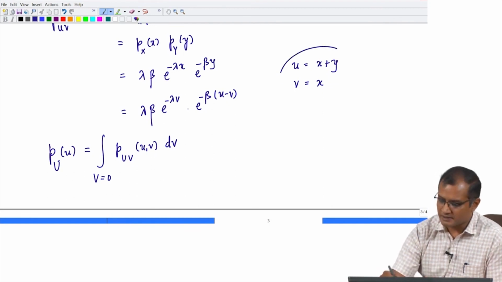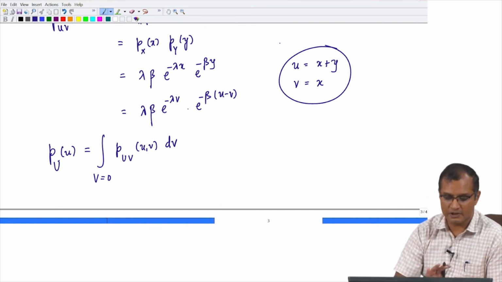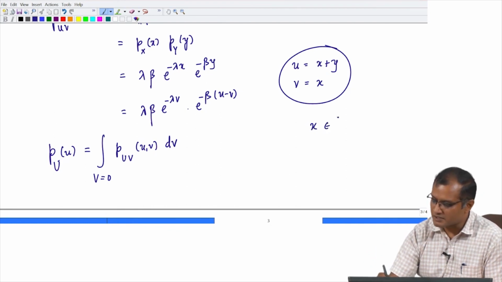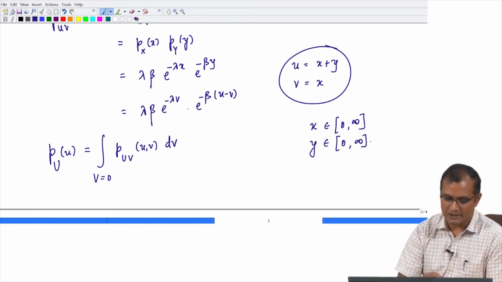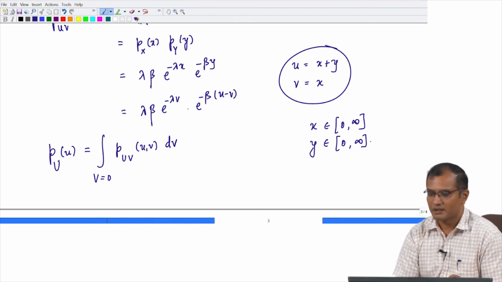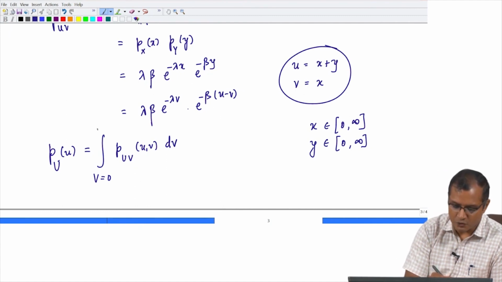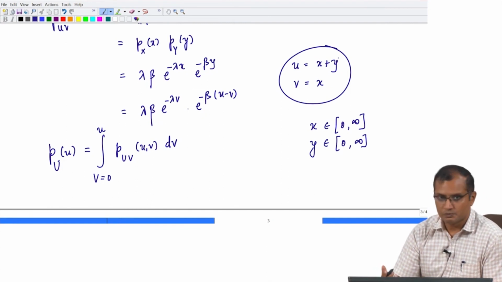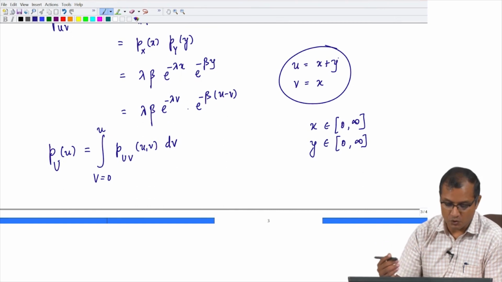By looking at this relationship, I can easily say that the lowest value of v can be 0, because x and y are positive variables distributed between 0 and infinity. So, certainly u and v also will have the minimum value of 0. So, in this integral I take v as 0 as the lowest value. The upper limit on v will definitely be u, because v cannot exceed u, since I want the sum x plus y to be u.